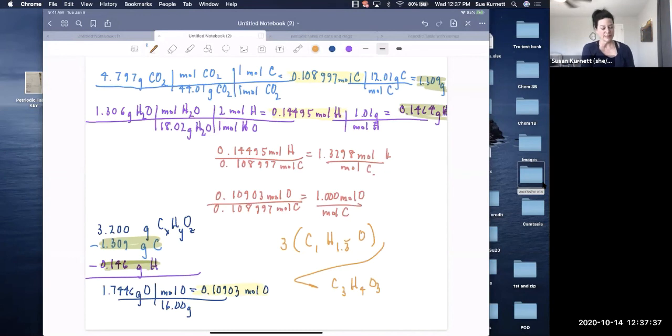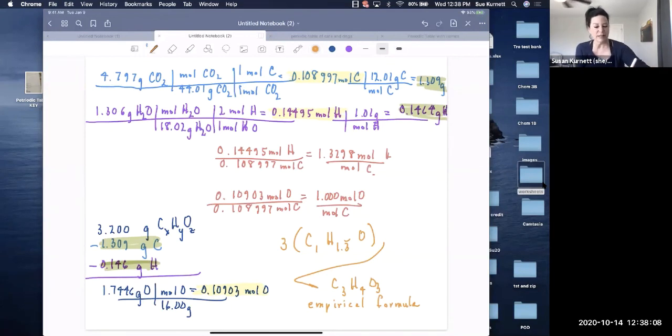And so that is the empirical formula. But it may not be the molecular formula. So the extra information that I'm going to need is the molar mass. And then I'll need to sort out the empirical mass, compare it to the molar mass, and see if this is the right formula or if this is like the lowest common multiple. It's not the correct number of each thing.